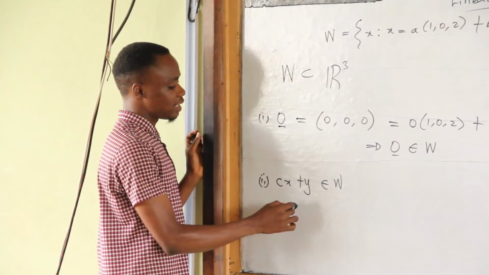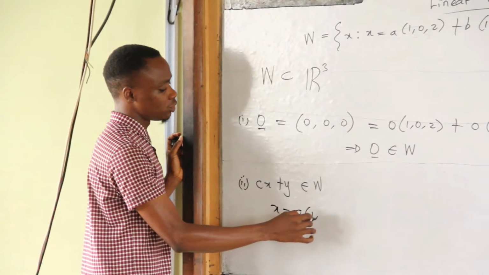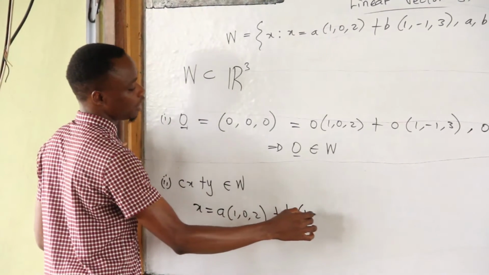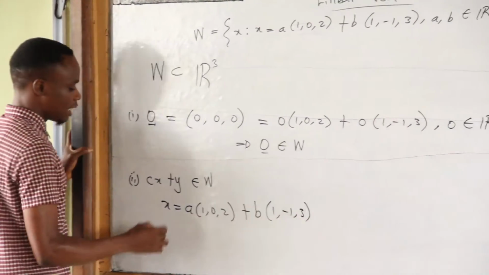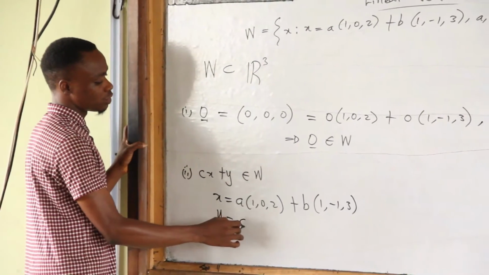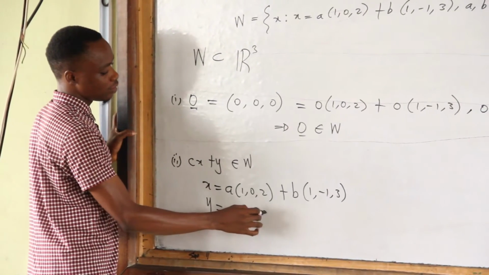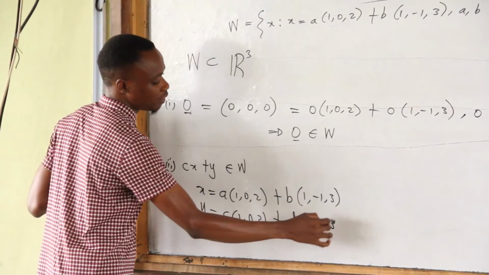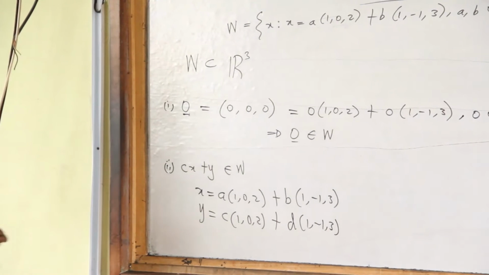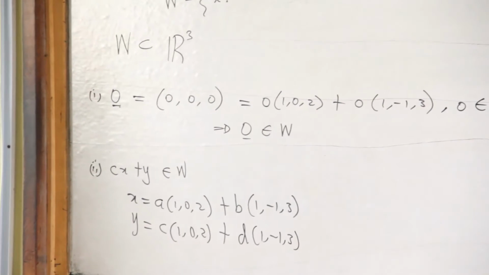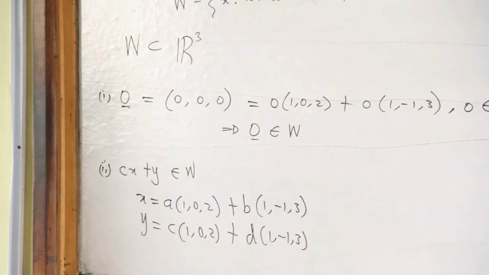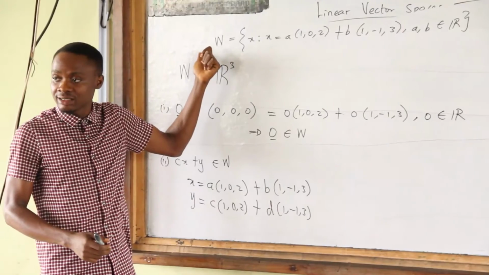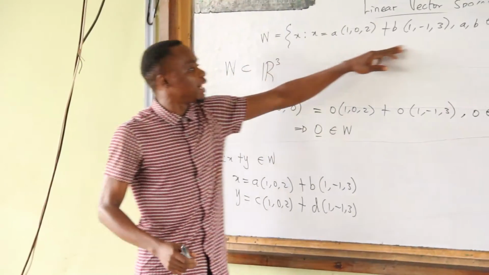So I can say that x is equal to a times (1, 0, 2) plus b times (1, -1, 3), and say y is equal to c times (1, 0, 2) plus d times (1, -1, 3). That's the definition of elements of this space. The elements of this space are defined this way.